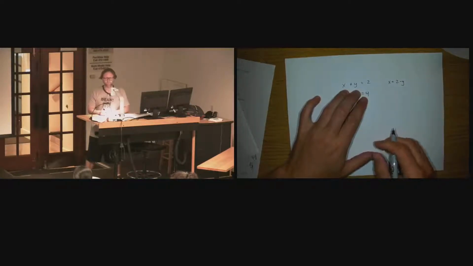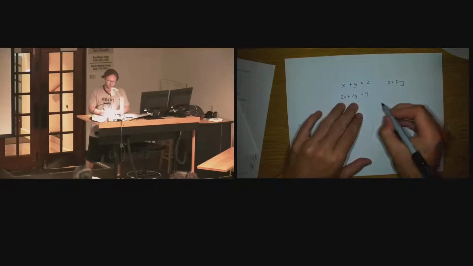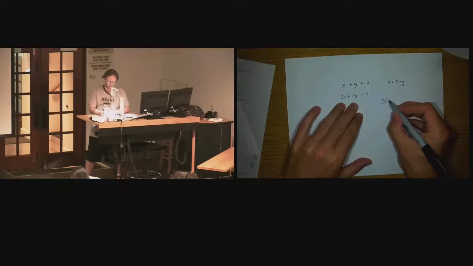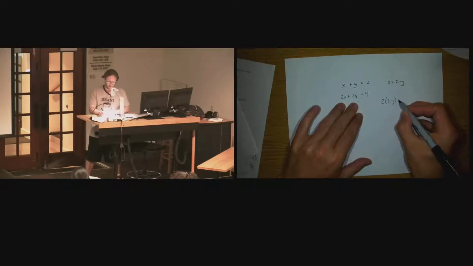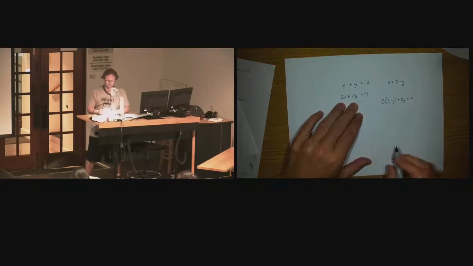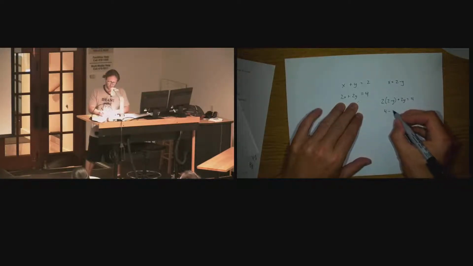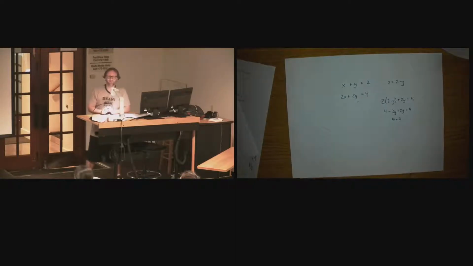Plug that in down here, and I get 2 times (2 minus y) plus 2y is equal to 4. Okay. Well, this is 4 minus 2y plus 2y is equal to 4. These two cancel each other out, and wow. Did you know that 4 was equal to 4 before today?